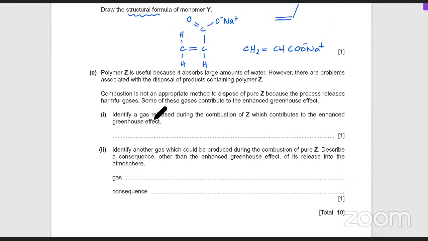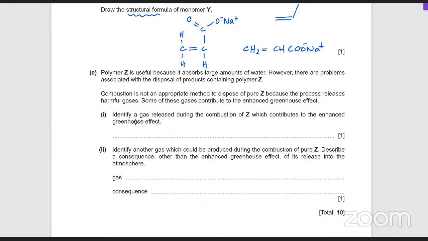He didn't ask for that anyways, but combustion, he says polymer Z is useful because it absorbs large amounts of water. However, there are problems associated with the disposal of products containing polymer Z. Combustion is not an appropriate method to dispose of pure Z because the process releases harmful gases. Some of these gases contribute to the enhanced greenhouse effect. Identify a gas released during the combustion of Z which contributes to the enhanced greenhouse effect. So which greenhouse gas?